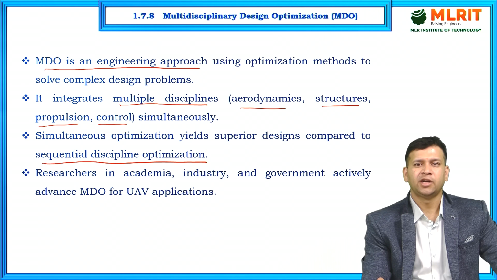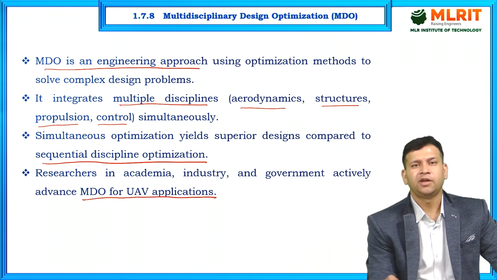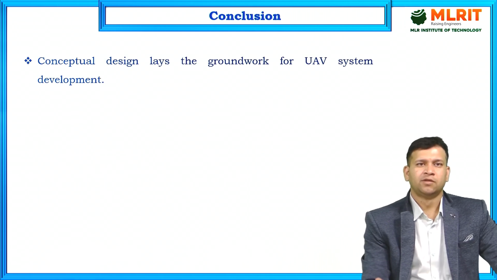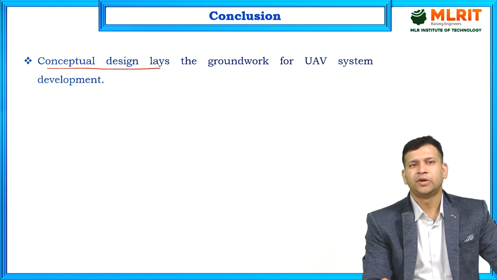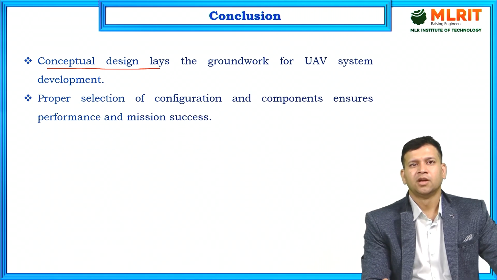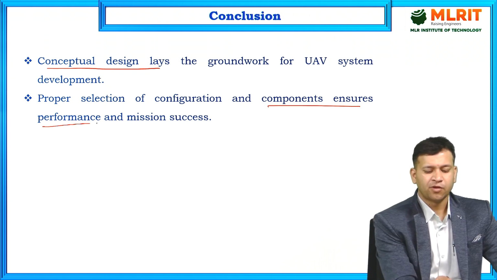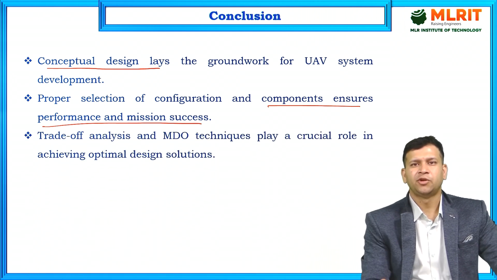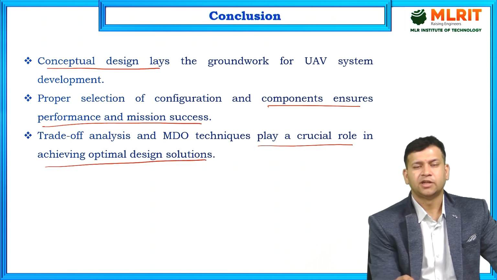Researchers in academia, industry, and government actively advance MDO for UAV applications. In this lecture, we have seen that conceptual design lays the groundwork for UAV system development, and proper selection of configuration and components ensures performance and mission success. Trade-off analysis and MDO techniques play a crucial role in achieving optimal design solutions.